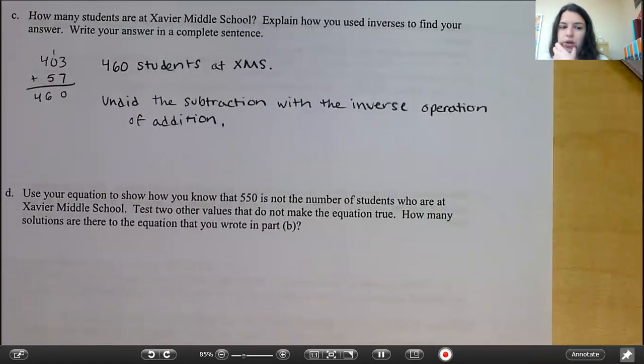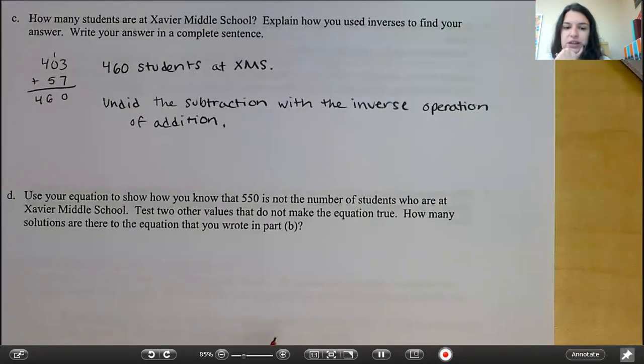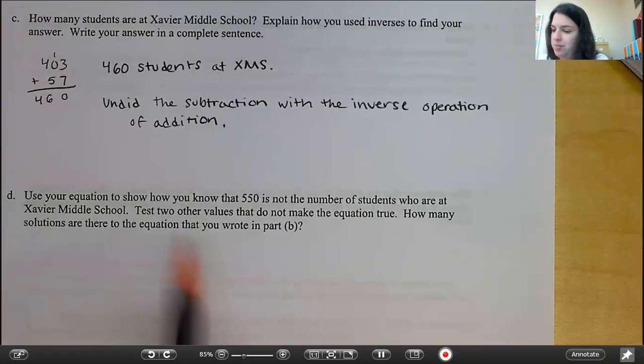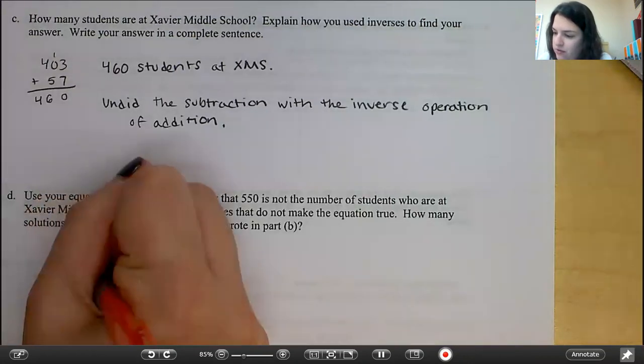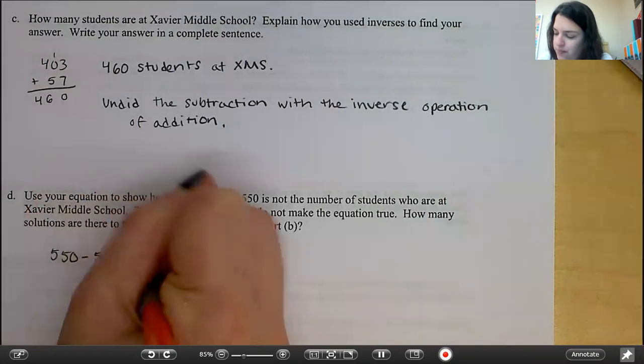Okay. C says, use your equation to show that you know that 550 is not the number of students who are at Xavier Middle School. Test two other values that do not make the equation true. How many solutions are there to the equation that you wrote in part B? Let me help you with this. So we're going to start with 550 minus 57 equals 403.